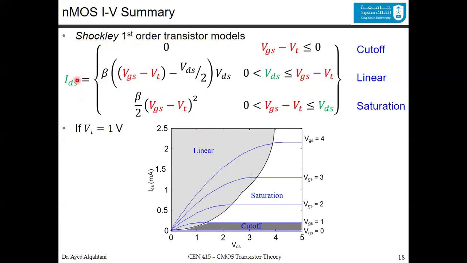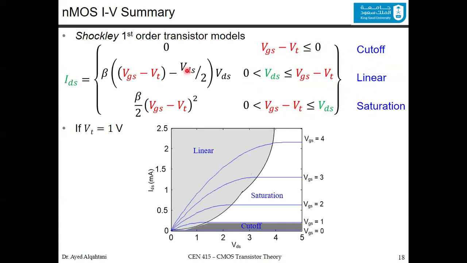So we will differentiate between those three regions. The cutoff region is when VGS minus V threshold is less than or equal to 0. The linear region is when VDS is between 0 and VGS minus V threshold, and the saturation region is when VDS is larger than VGS minus V threshold, and this is what we discussed before.